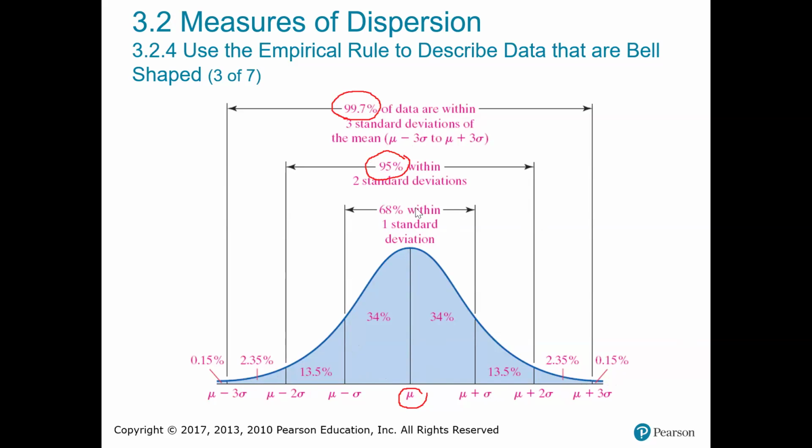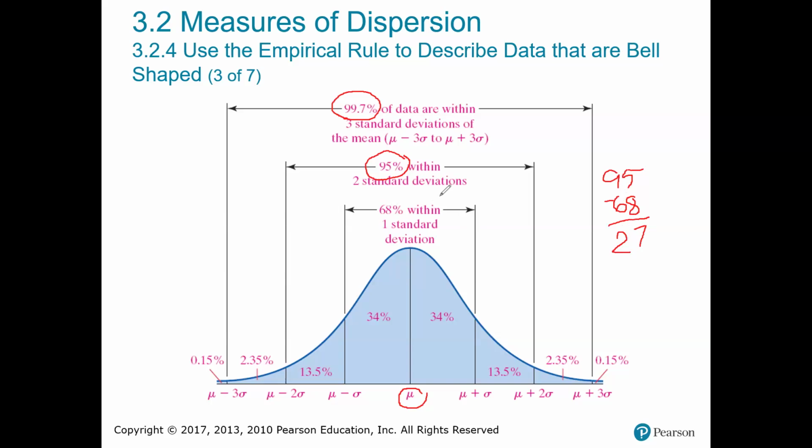So if you take a look, if this is 68%, you cut it into two pieces. Half of 68 is 34 here, 34 here. Now this was 95%. 68% was this far. Then what is the rest? 95 take away 68. You can do that roughly with your hand or on the calculator. 95 take away 68 is 27.